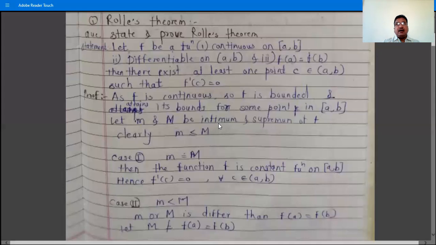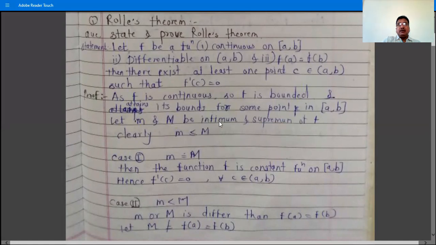And 1 is its greatest lower bound, that is, the infimum. So infimum means greatest lower bound, and supremum means least upper bound. GLB means infimum.